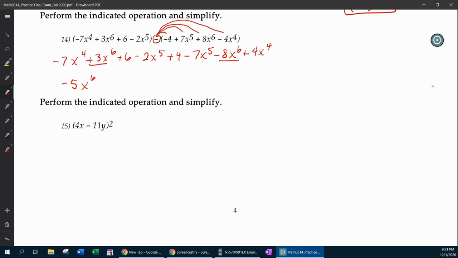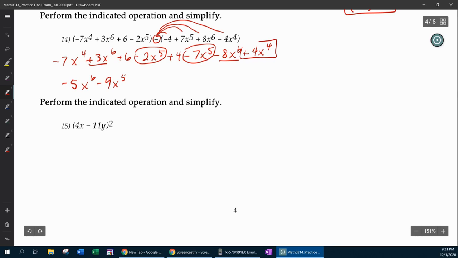Next biggest power, x to the 5th. Negative 7 and negative 2 is negative 9, x to the 5th. Next biggest power, x to the 4th. And I see 2 of those. Negative 7 plus 4 is negative 3, x to the 4th.